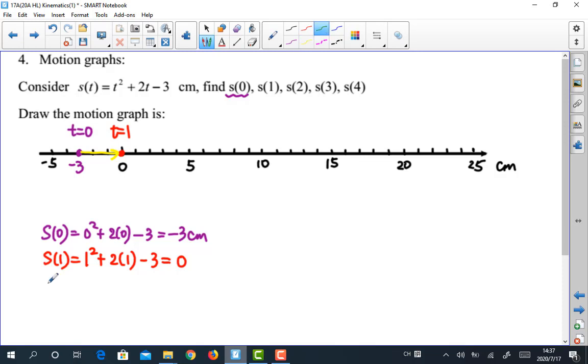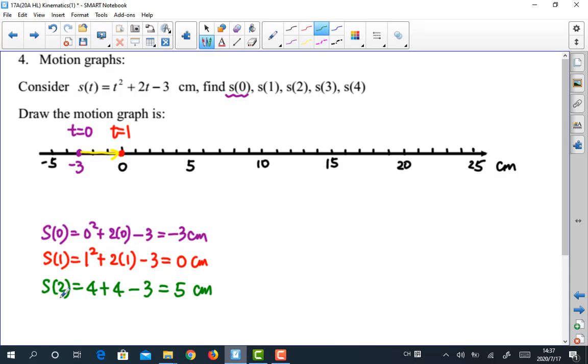Okay, the same. Let's find s of 2. S of 2 should be 4 plus 4 minus 3, which is 5 centimeters. Don't forget about the unit. We should put on centimeters for 0 as well. So 5 centimeters is a positive value.